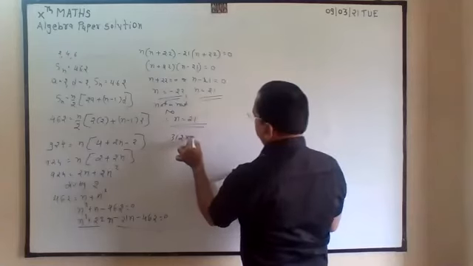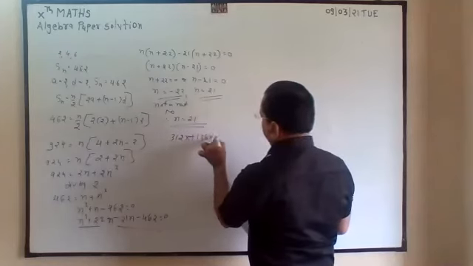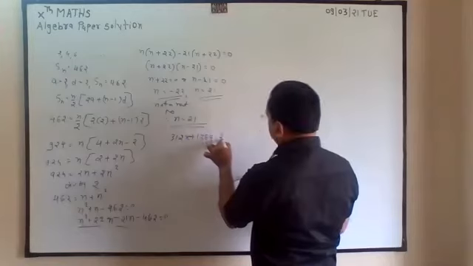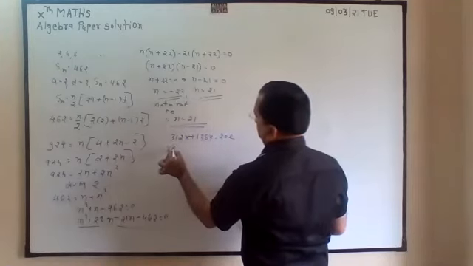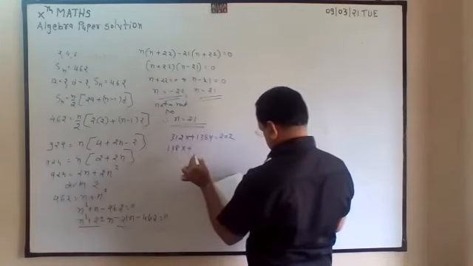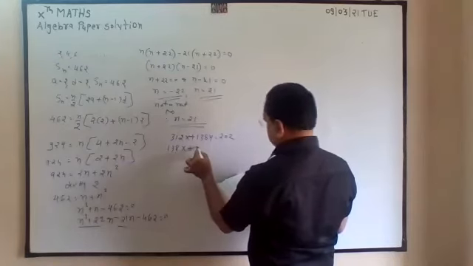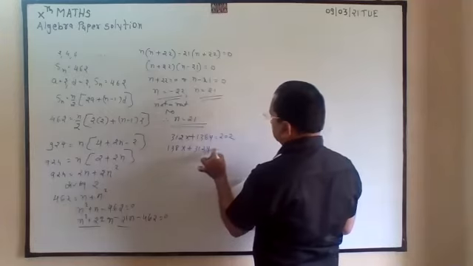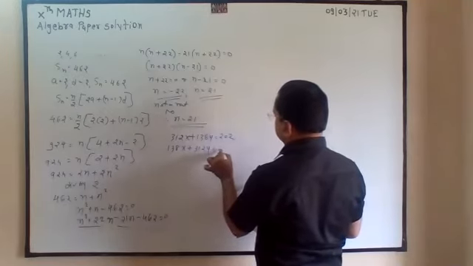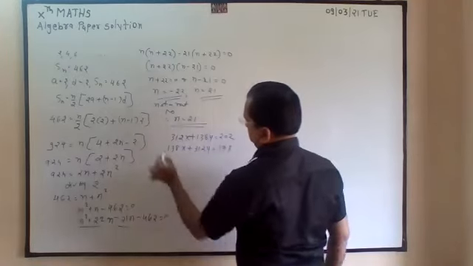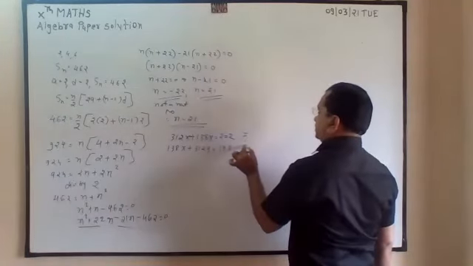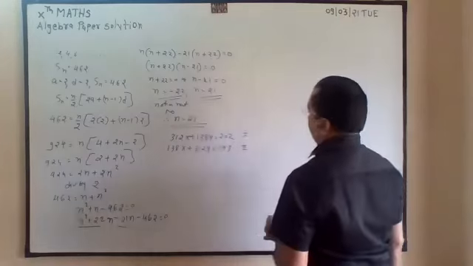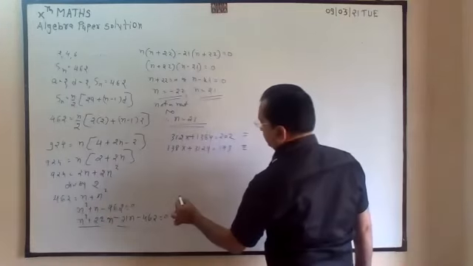Now, very good example. 312x plus 138y is equal to 202. So this is first equation, this is second equation. One time adding, one time subtracting.